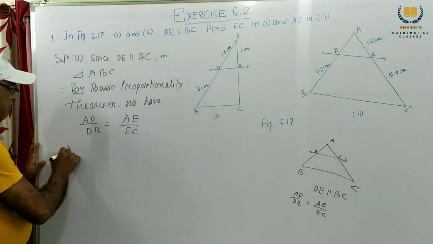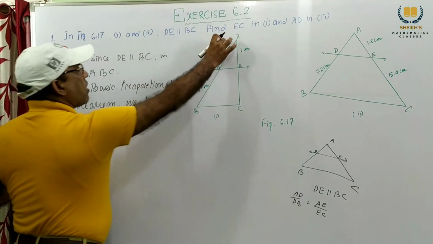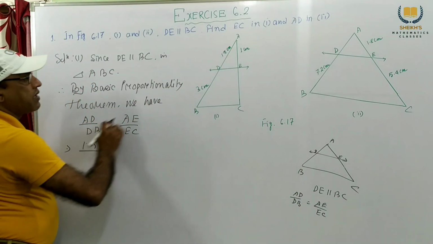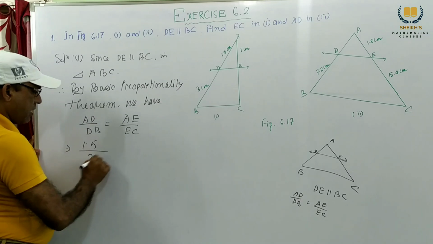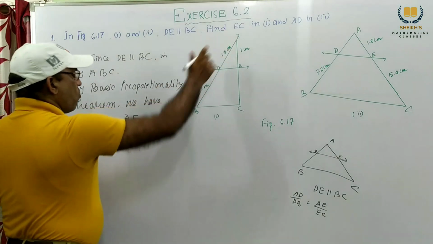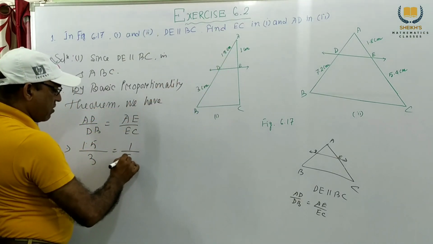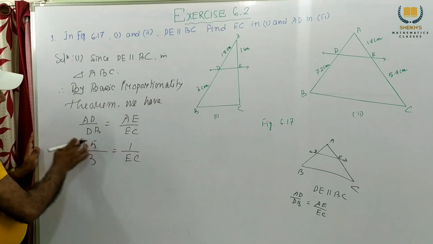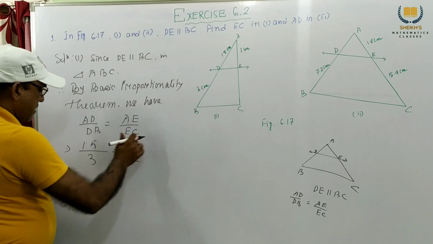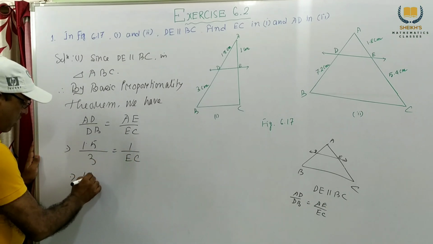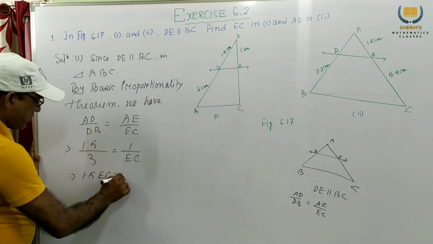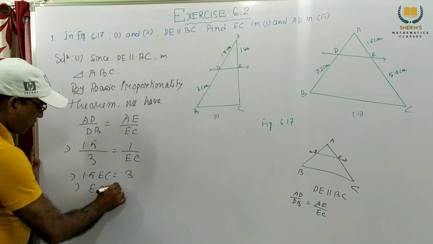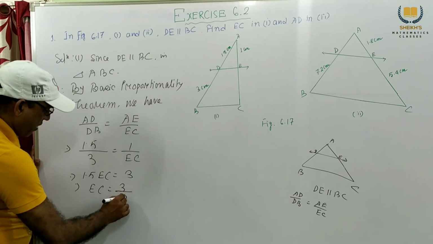Now putting in the values: AD is given as 1.5 centimeter, DB is given as 3, AE is 1, and EC is not given, we have to find EC. So multiplying EC to this side, we get 1.5 into EC equal to 3. Then EC equal to 3 by 1.5.